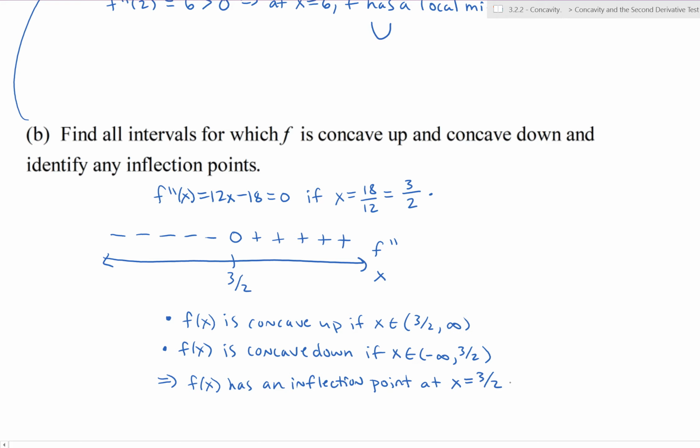So this video is supposed to connect several ideas. First of all, what does the second derivative of a function tell us about the shape of the graph of the function? If the function's concave up, the second derivative is positive. If the function is concave down, the second derivative is negative.